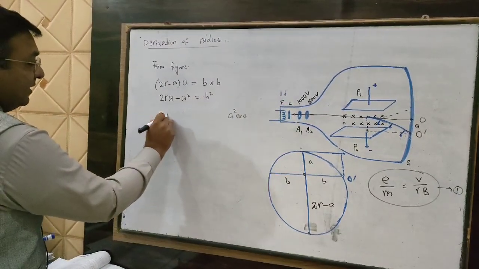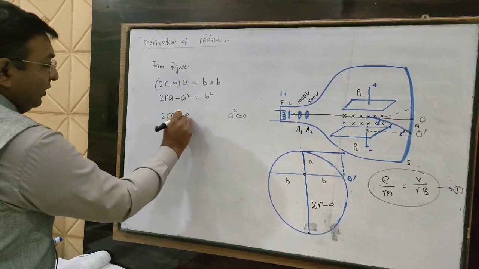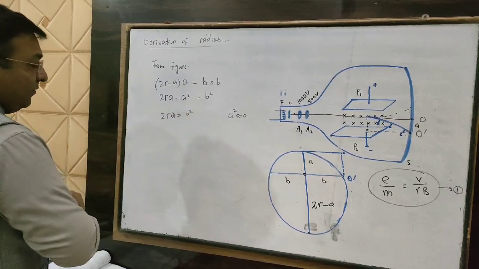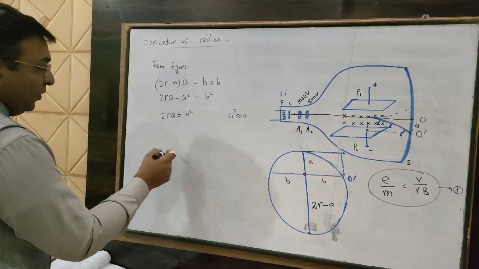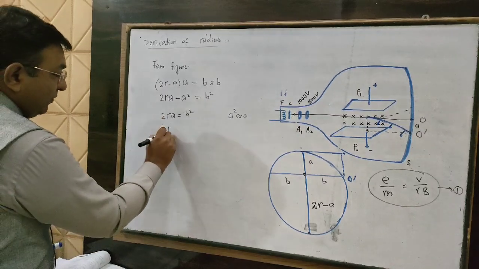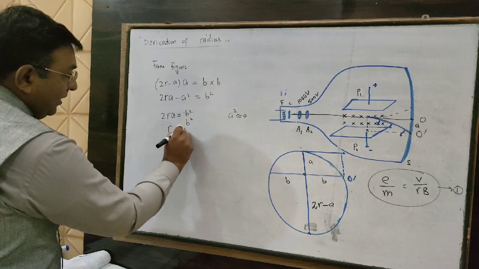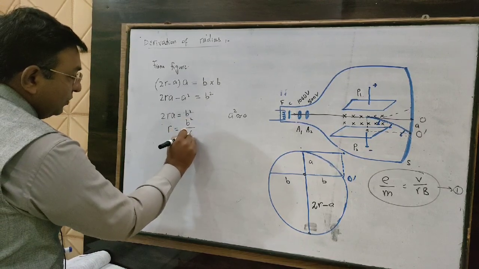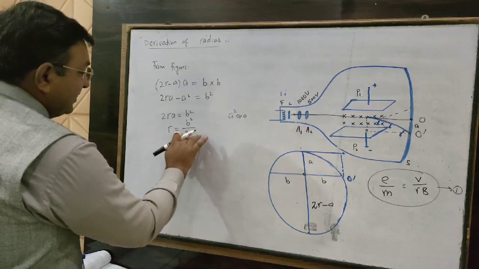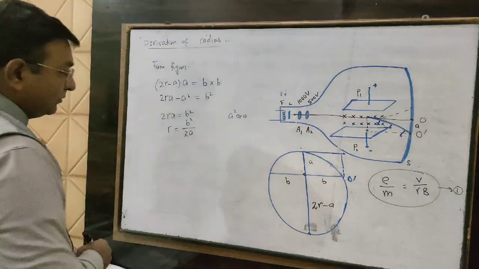The remaining answer is 2ra is equal to b square. If we are going to find the value of r, then we shift the value of 2a in this direction. So r is equal to b square upon 2a.